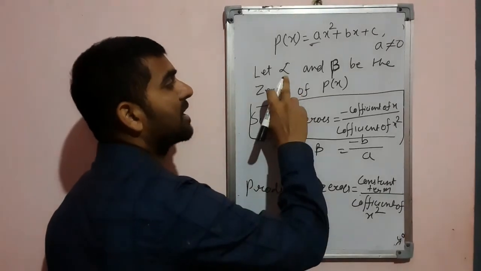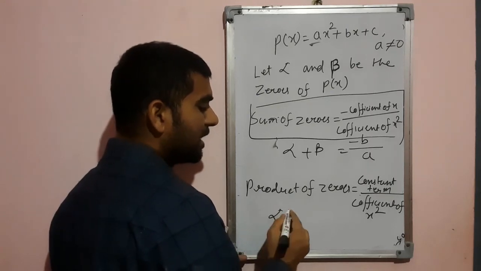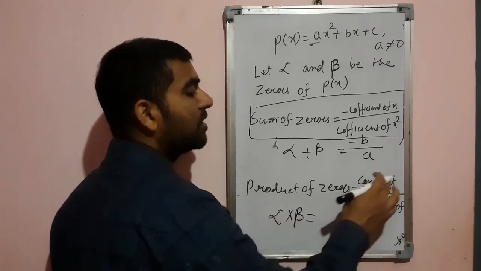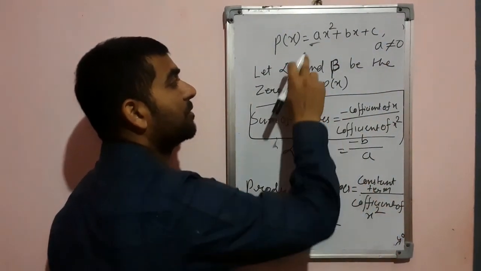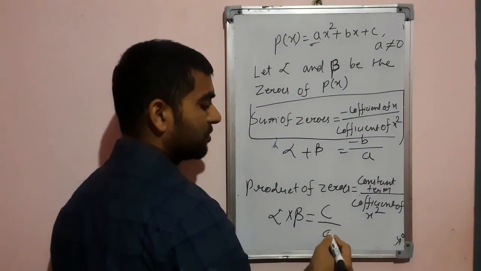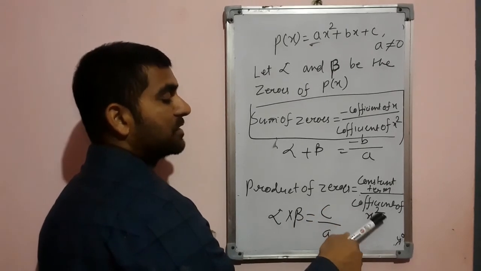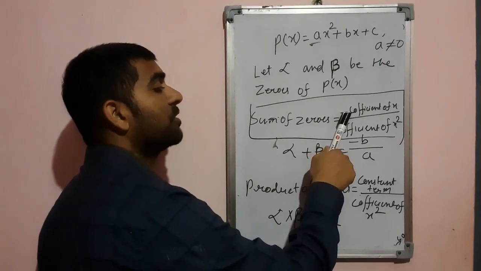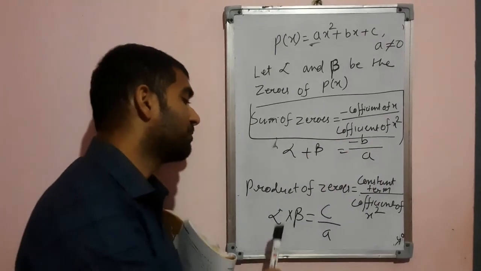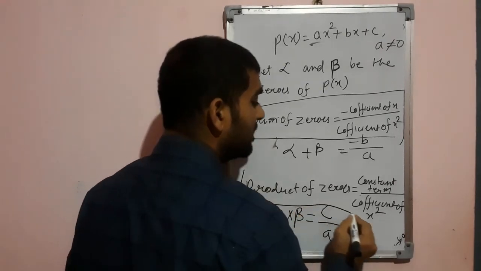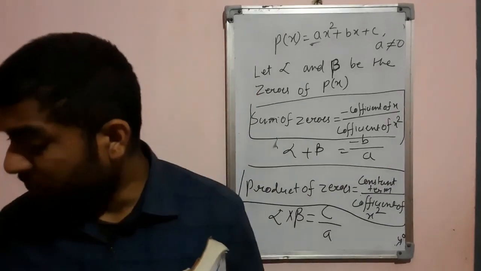For the sum of the zeros, the formula is minus coefficient of x by coefficient of x square. So these two formulas we are going to use in exercise 2A, question number 2.